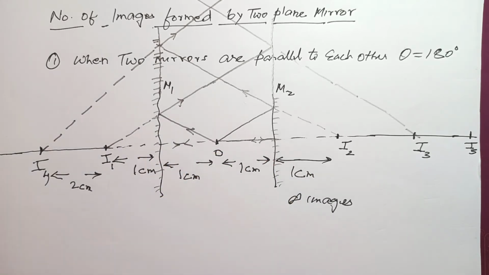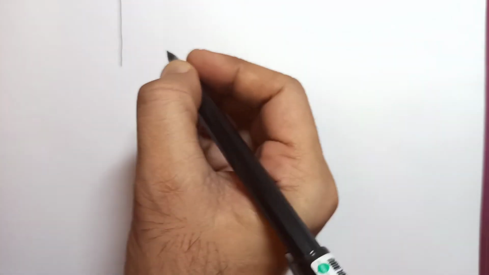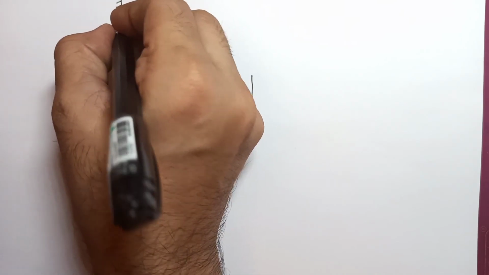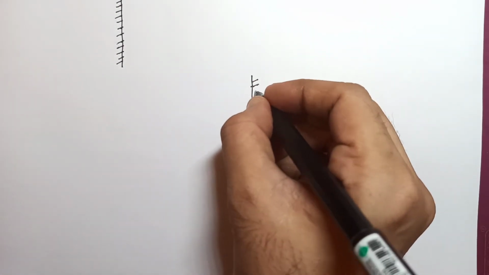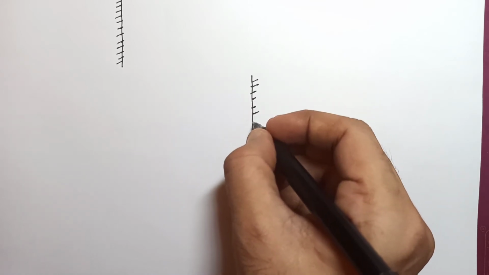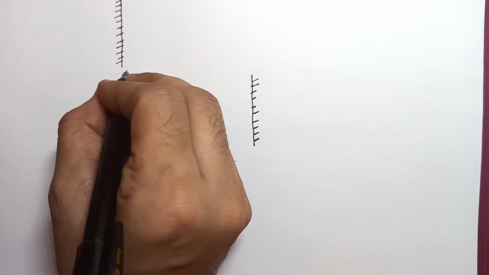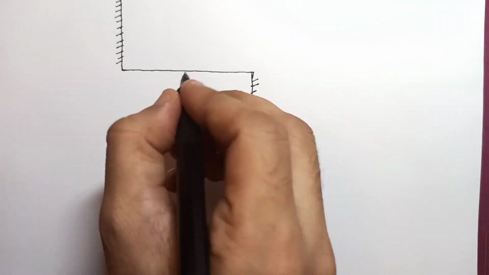Now let's take up a question. When two mirrors are in this position, as you see in this figure, let's say this is one mirror and the other is here. Now you have an object somewhere here.